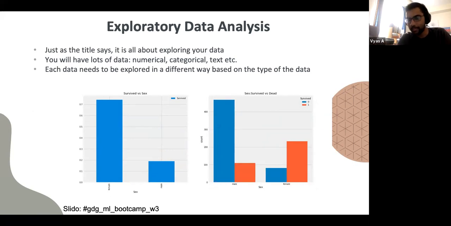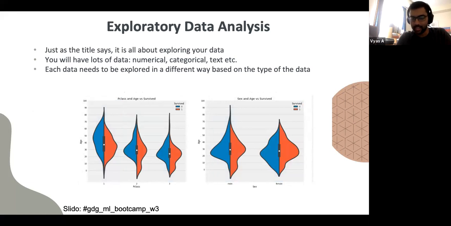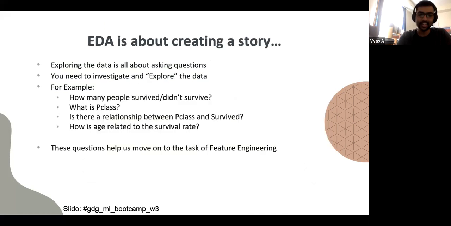Someone posted in the group saying that women and children survived and men didn't. It is so clearly evident from this graph. We will explore it much more later. And then there are something called violin plots. So there are multiple ways in which you can explore the data. It really depends on asking the right questions. So let's try and ask some questions.